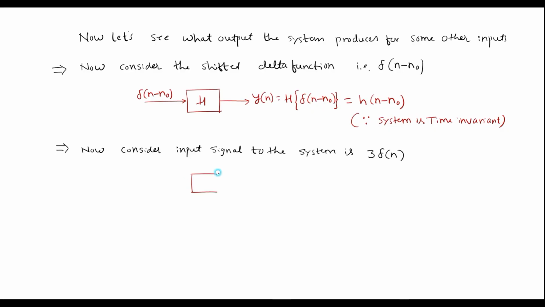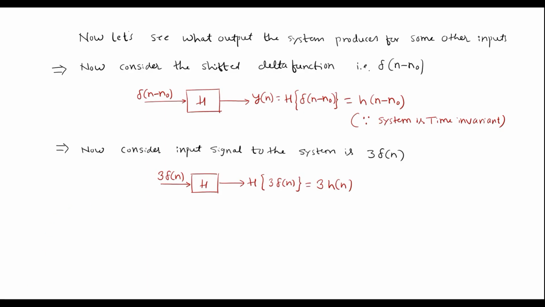Now the output of the system is H of 3 delta of n, which is equal to 3h of n. So here we can say that just by knowing the behavior of the system for delta of n, we are able to find the output of the system when 3 delta of n is applied to the system.